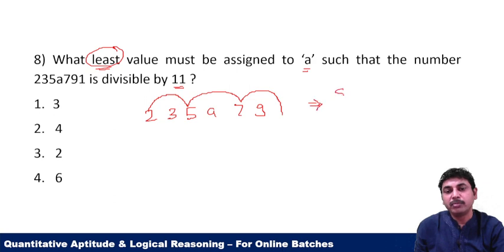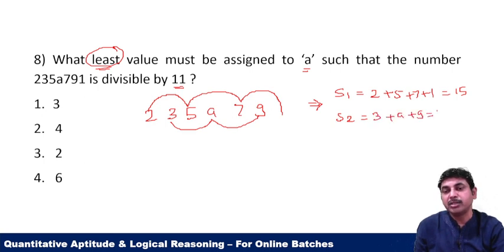If you take this group, let us say S1, the addition will be 2 plus 5 plus 7 plus 1, that is 15. Now if we want this number to be divisible by 11, the second group addition should also be 15. So 3 plus A plus 9, you are getting 12 plus A. What should be the minimum value of A to make this 15? So your answer is 3. A should be replaced by 3, so that 12 plus 3 is 15.